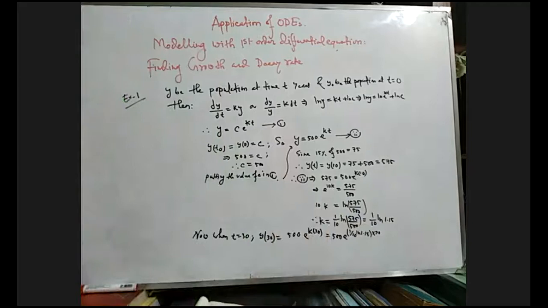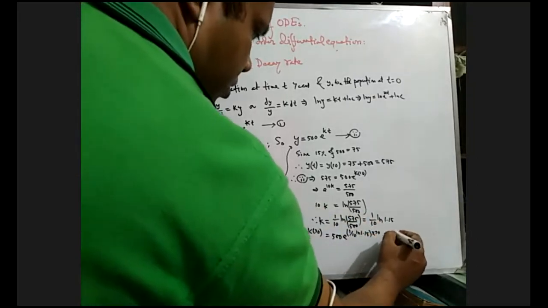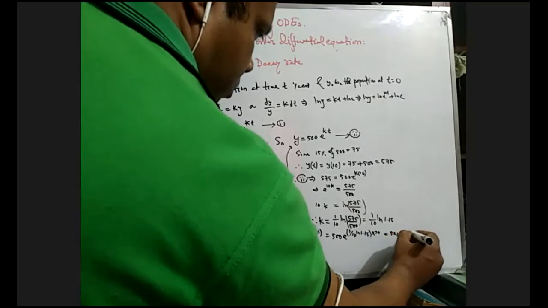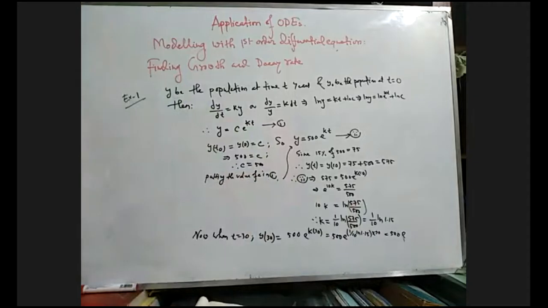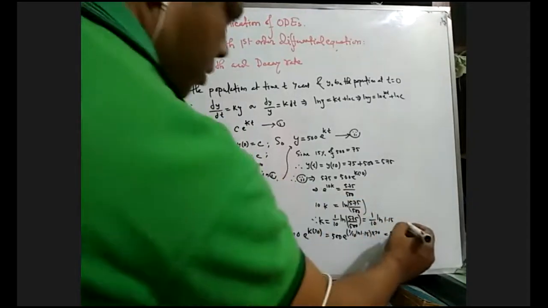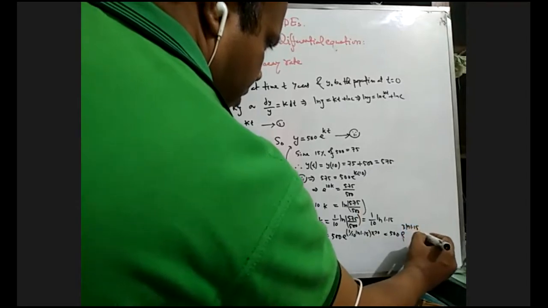Just using a calculator, we get 500 e to the power 3 ln 1.15.